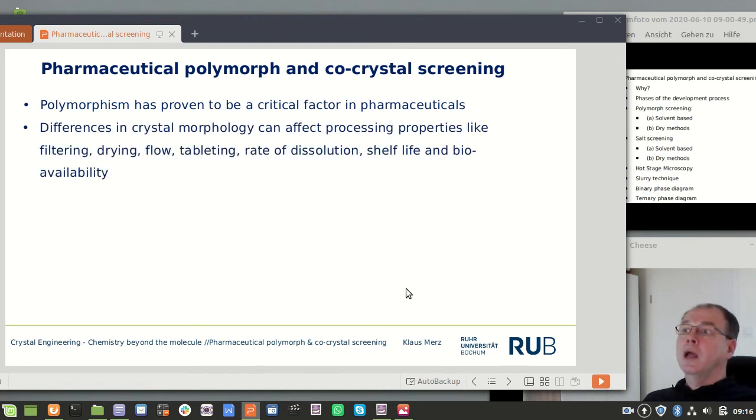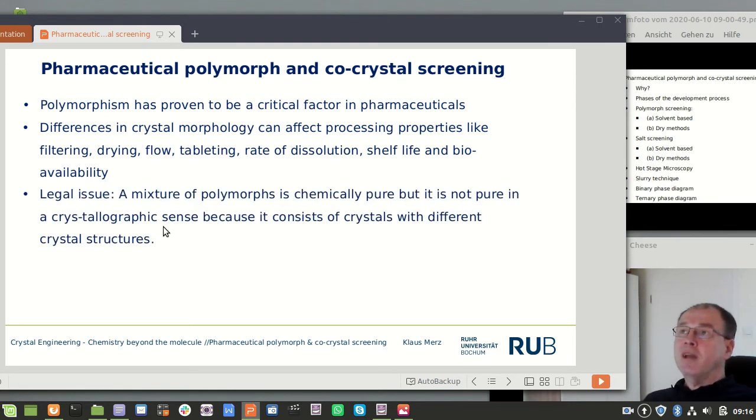And here are some properties, not only solubility, but drying, flow, tableting, shelf life, and the most important, bioavailability.